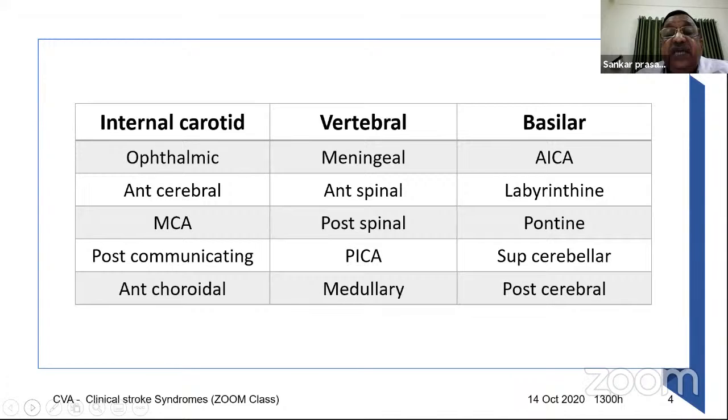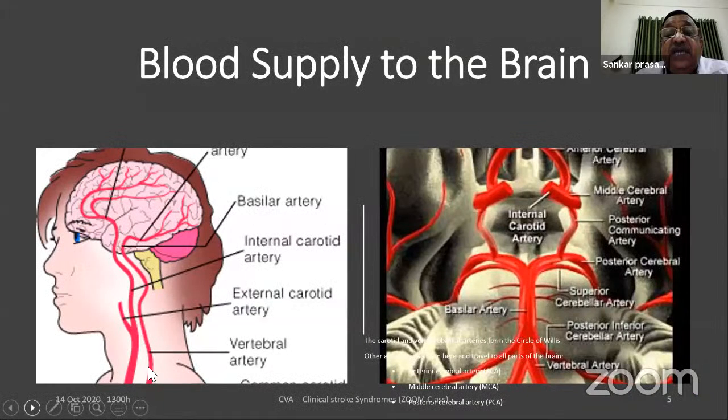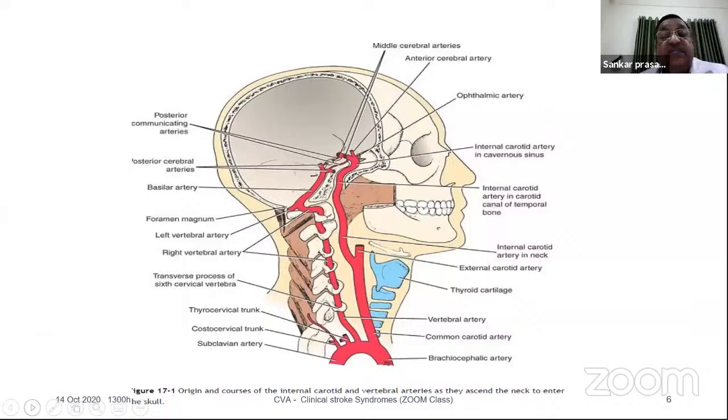These are the branches, and the basilar artery has the anterior inferior cerebellar artery, labyrinthine, pontine, superior cerebellar, and posterior cerebral arteries. So these are the main blood supply which carries oxygenated blood to the brain, through these systems depicted here: the internal carotid artery, and the external carotid artery, which is not, but it is useful for anastomosis, and the vertebral artery. You can see much more clearly in the subsequent slides.